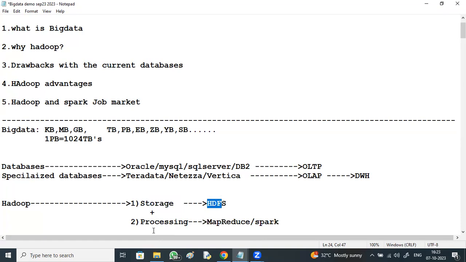Storage will be HDFS and processing will be MapReduce or Spark. So Hadoop is meant for both storage and processing. For storage, it doesn't use any database. Instead, it uses a special kind of file system called HDFS, Hadoop Distributed File System.